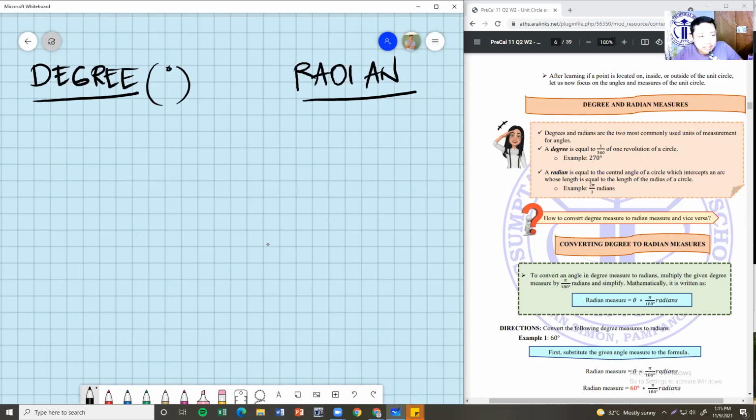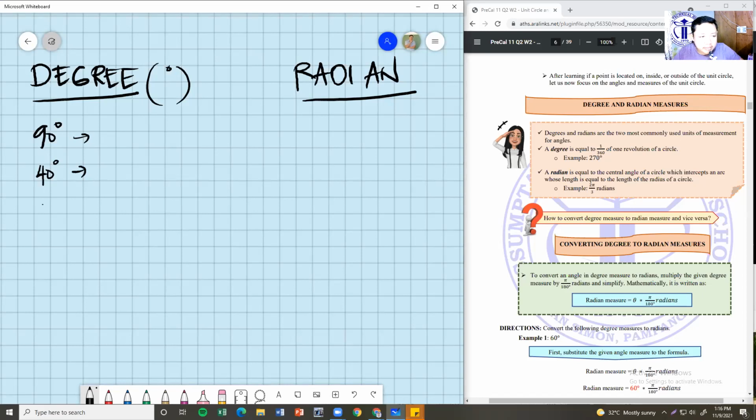We have 90 degrees. What kind of angle is 90 degrees? Type your answer in the chat box, please, just for us to have a review. Very good. Right angle. What if your angle is 40 degrees? What kind of angle is this? It's acute. Very good.